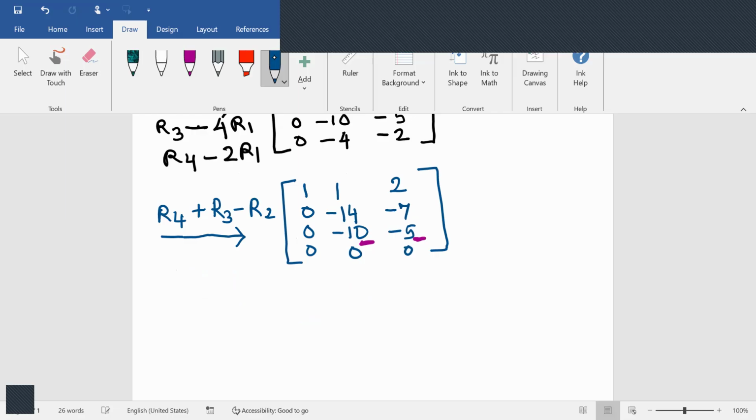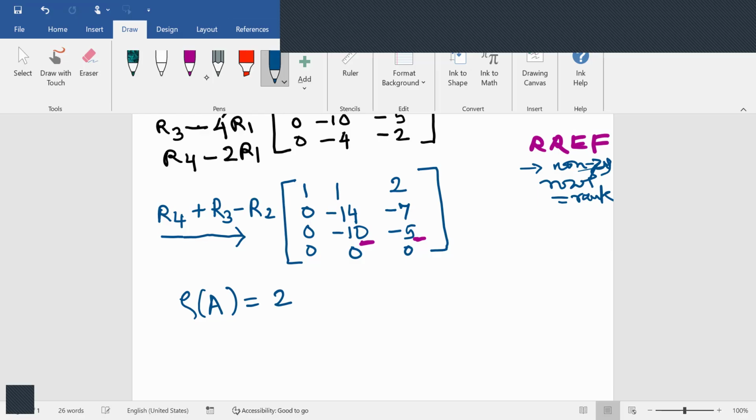As you know, in RREF form the non-zero rows are equal to the rank. So we are going to declare the rank of this matrix. I'll write rank of A is equal to 2.